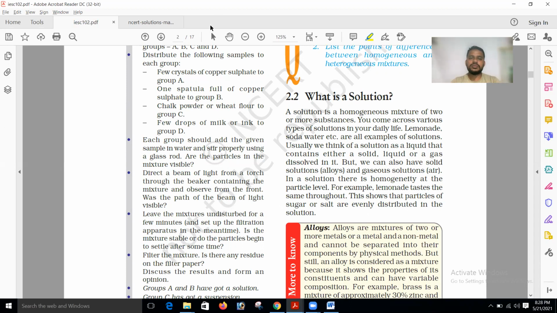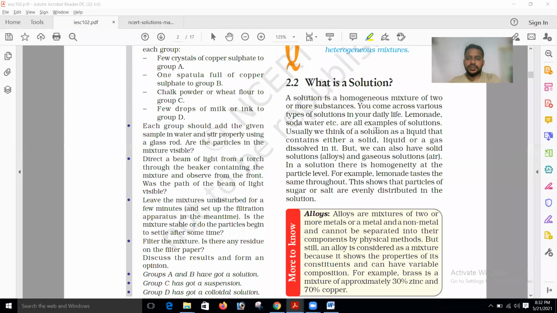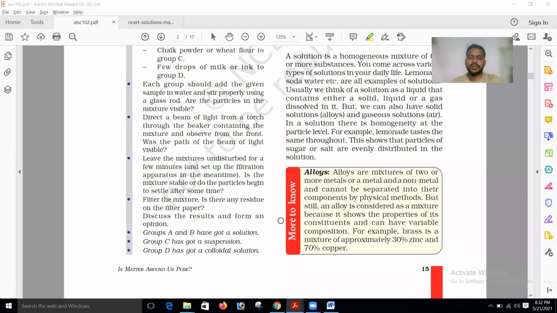Okay, so we are discussing solution. Let's see what they have given here.